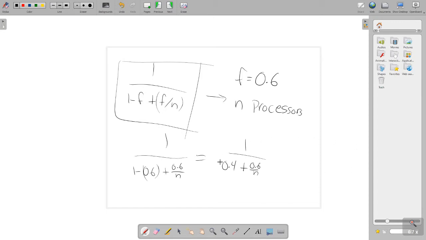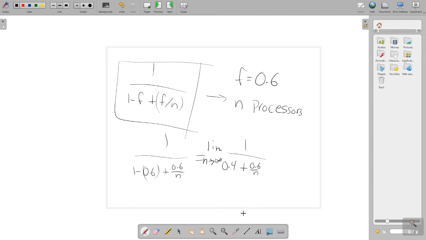Awesome, yeah. I see a bunch of people saying limit, and sorry for whoever I interrupted. So let's take the limit as n approaches infinity, that is, the processors we have approaching infinity.